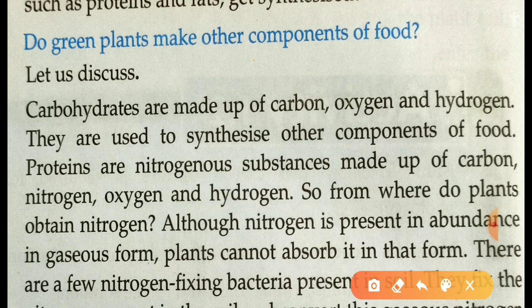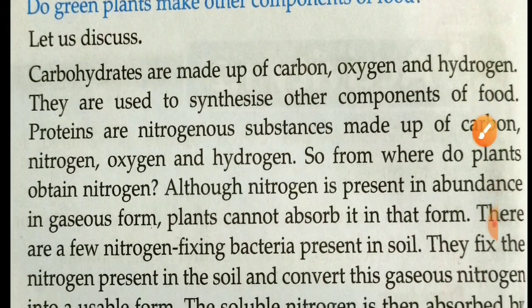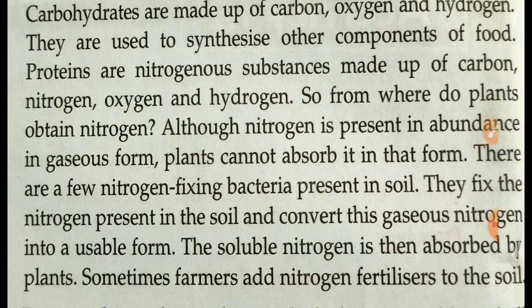But that 71% nitrogen gas, a large amount, plants are not able to take directly, because in the atmosphere nitrogen is present in gaseous form, and plants cannot absorb it in the gaseous form. So now the question is, how will they get nitrogen?